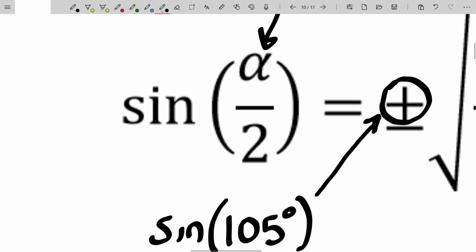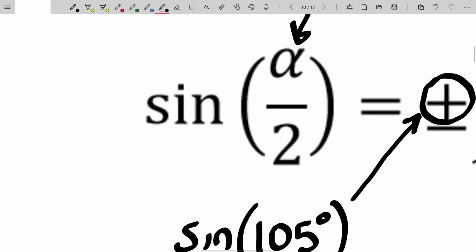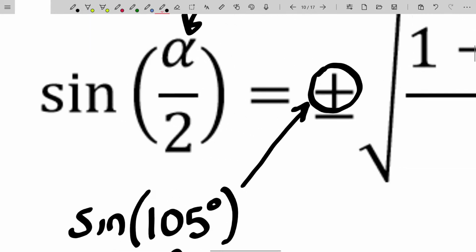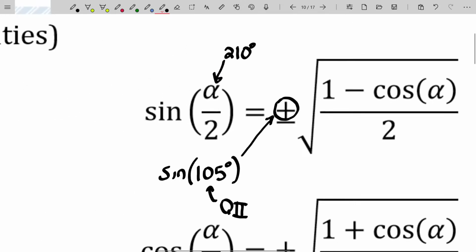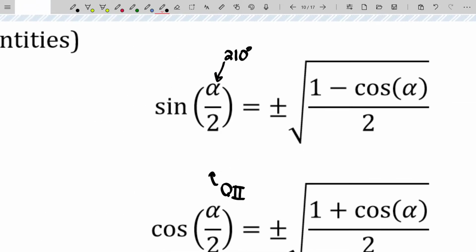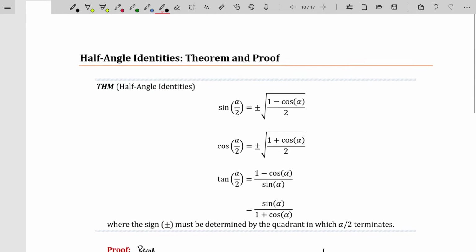So you know your answer is going to be positive in quadrant 2. If your half angle was in quadrant 3, for example, well, sine is negative in quadrant 3. And so therefore I would not keep the positive. I would keep the negative. We'll see this in examples, but that's the idea. That's how we're going to tackle these styles of problems. But I just want to give you kind of a heads up before we continue forward. That's how that's going to go.